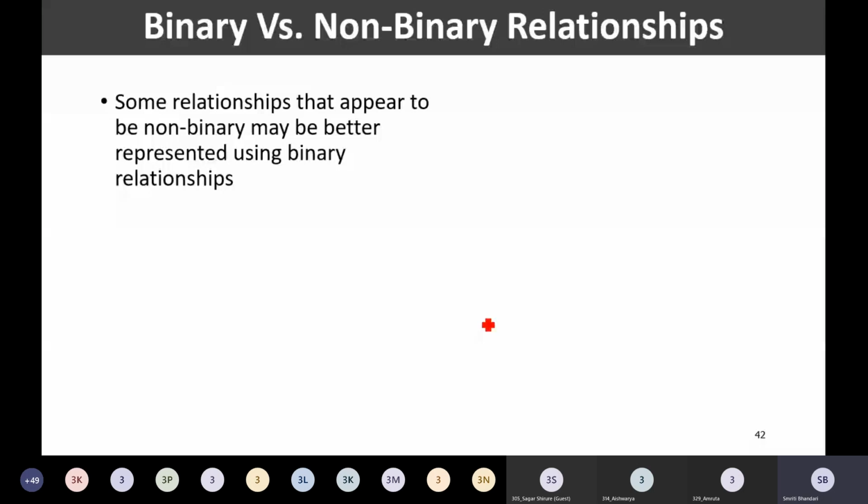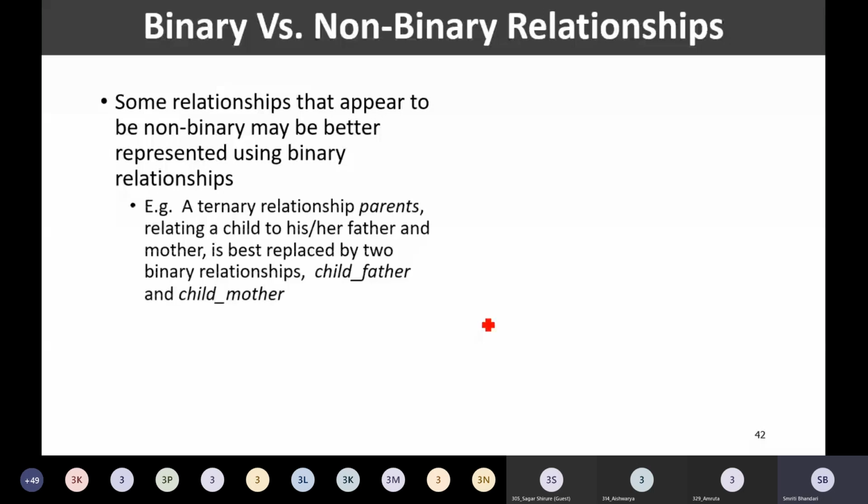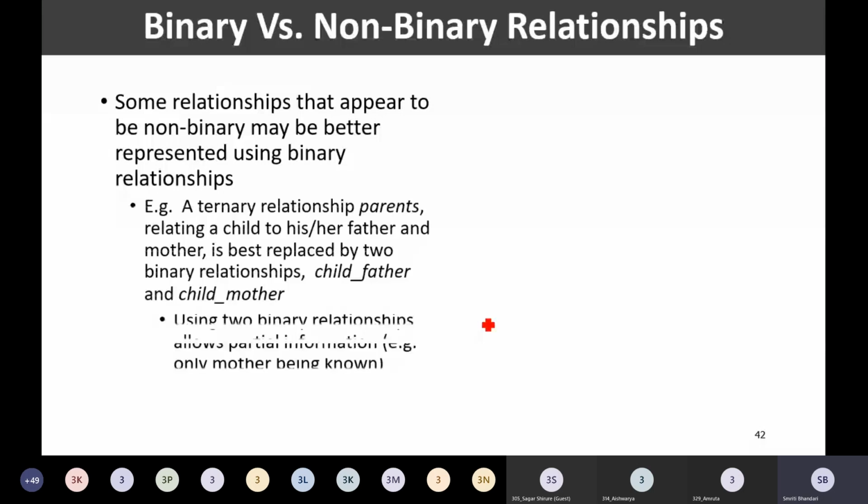Even though a few of the relationships actually appear to be non-binary, maybe ternary or quaternary, if there are certain relationships that appear to be non-binary, they may be better represented using binary relationships. I'm going to demonstrate this concept with one example. So let us assume that we are having a ternary relationship parents.